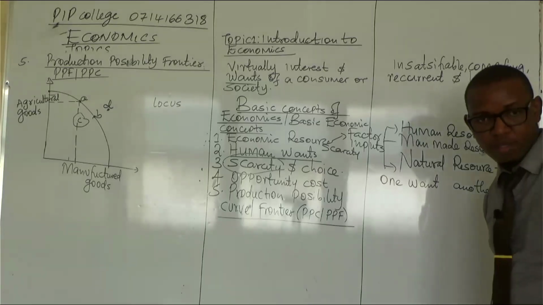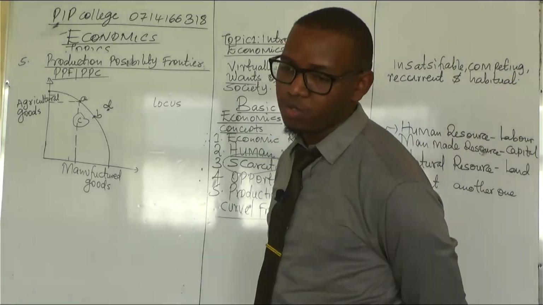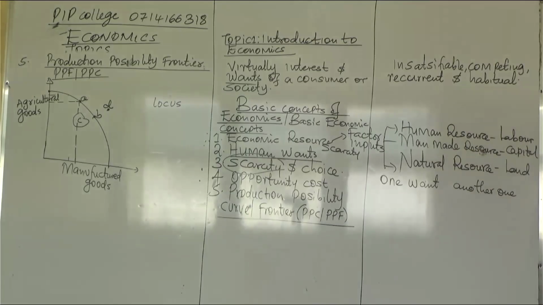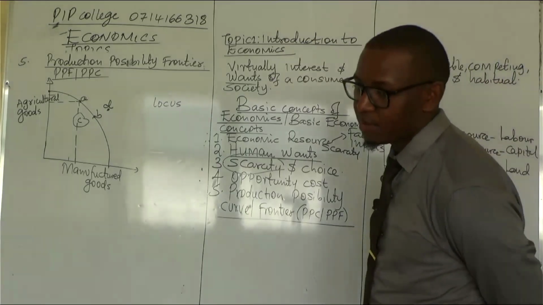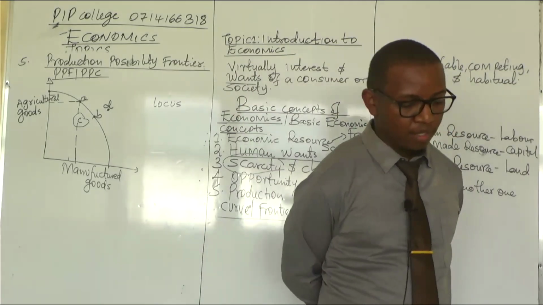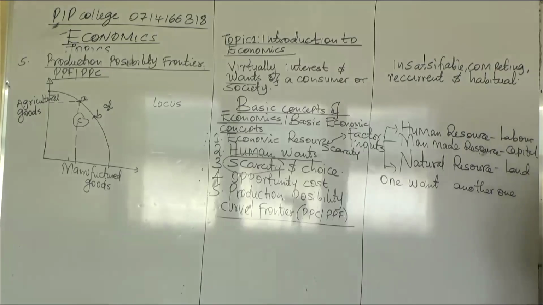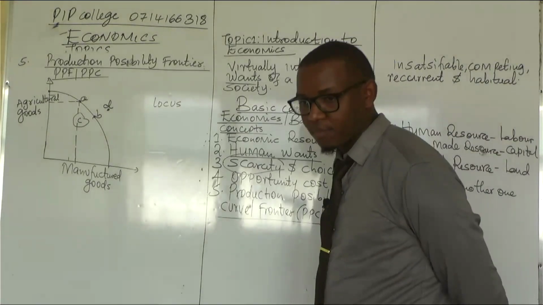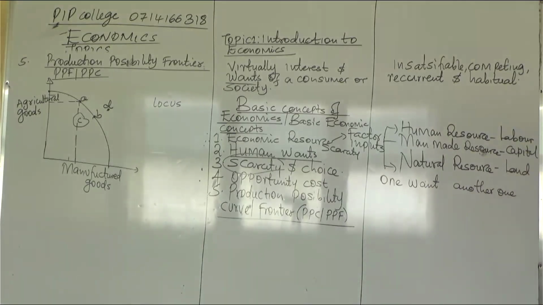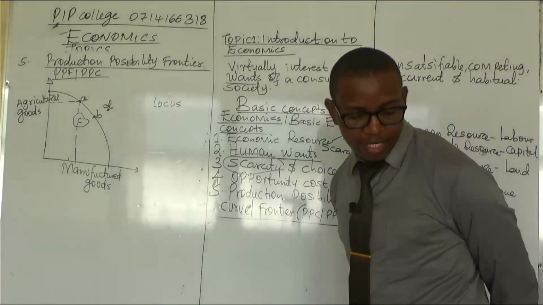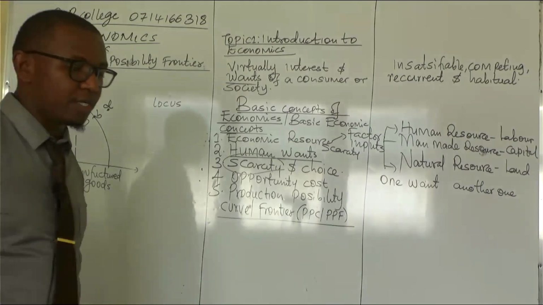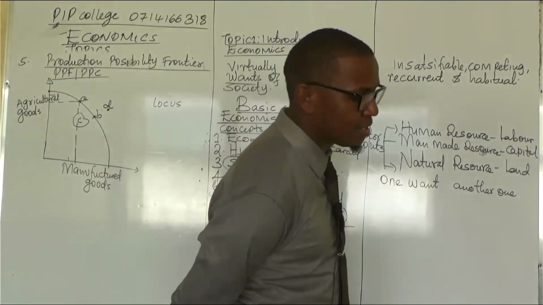The other one, you say also down there, the economy can produce any combination inside the curve, such as point C inside the curve, but this will imply that there are some resources that are unemployed.